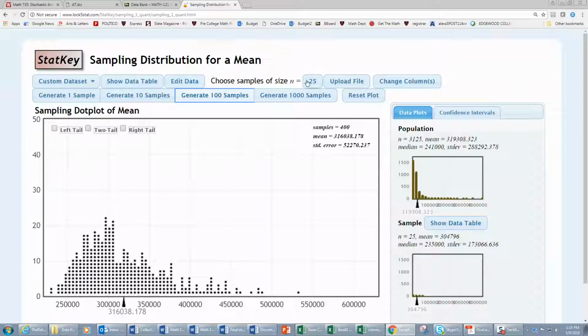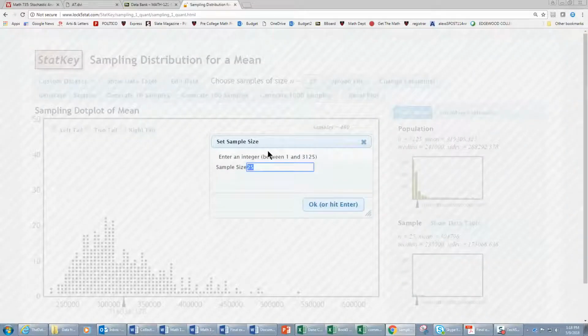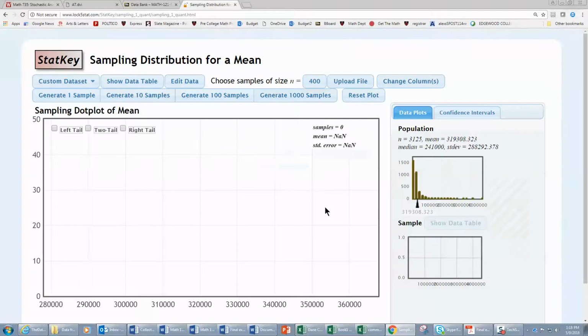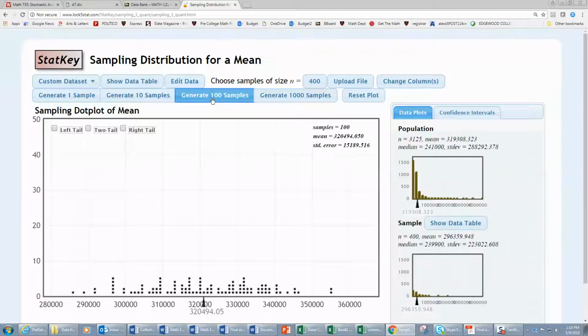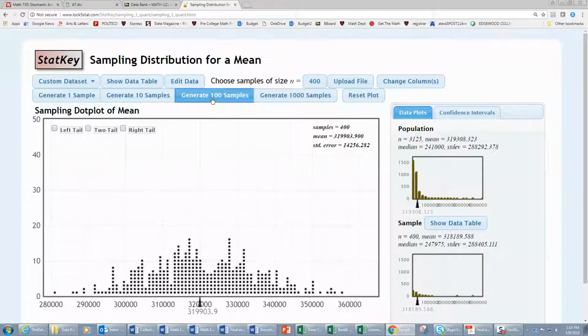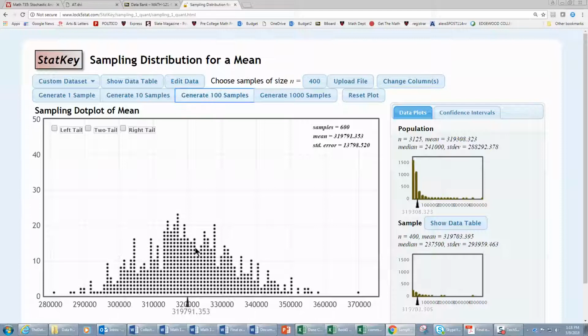Look what happens when we look at a different sample size. Let's just kick it all the way up to samples of size 400. And now let's generate several hundred samples. So now each one of these is the average of 400 homes.